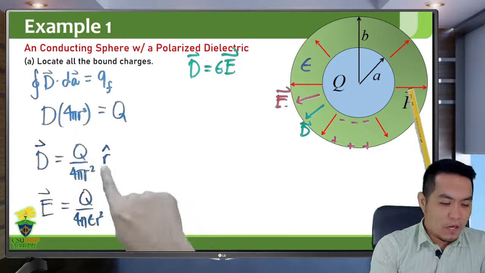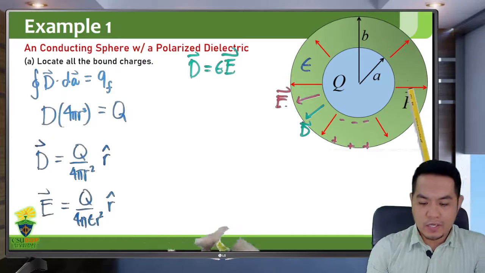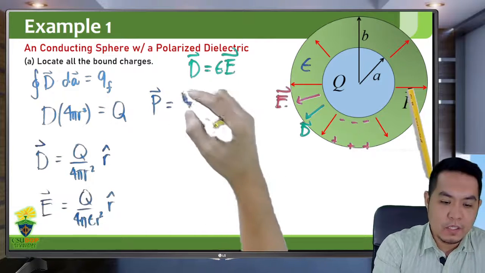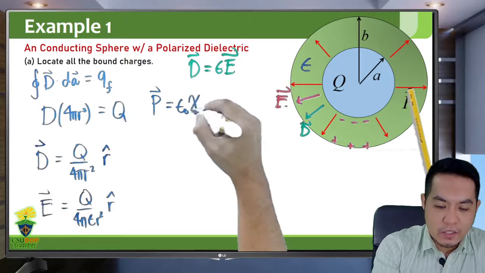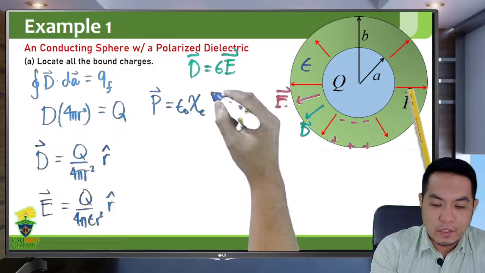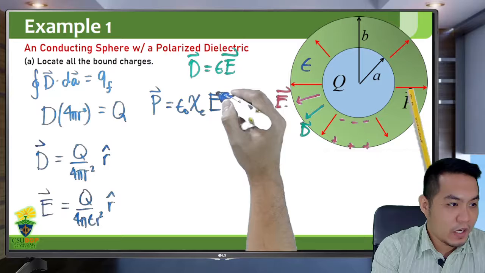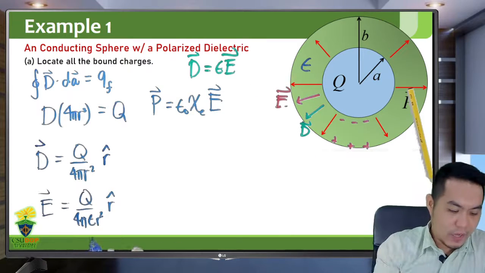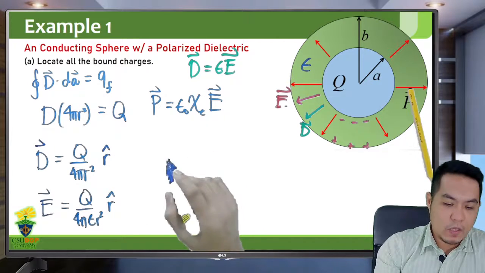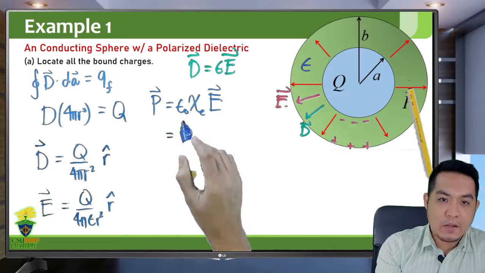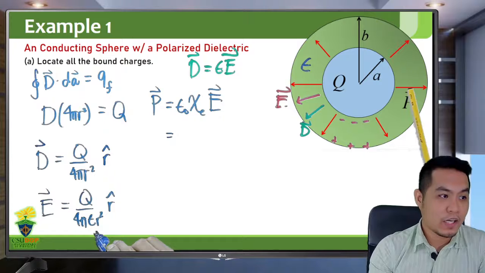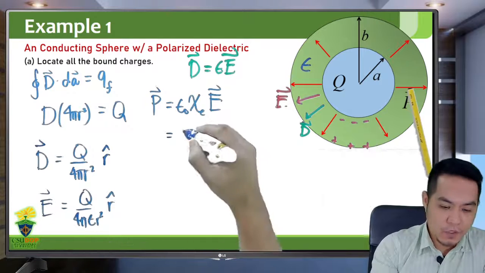We now have D, we have solved E, so we can now solve for the polarization. It's just epsilon naught times the susceptibility times the electric field. Multiplying by epsilon naught and the susceptibility, you will get epsilon naught over epsilon, which is just the inverse of your dielectric constant K, essentially.